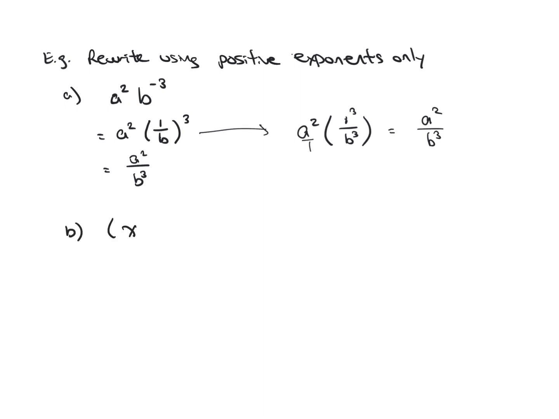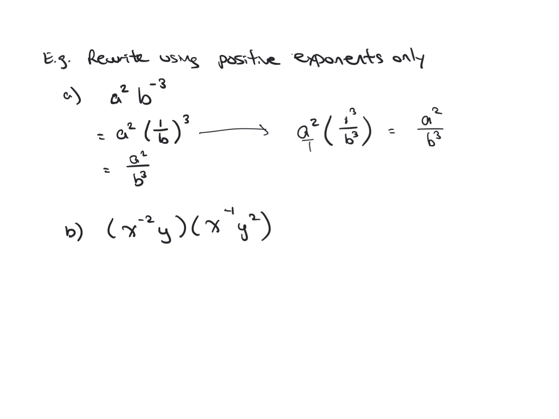Let's try x to the -2, y times x to the -1, y squared. Okay, we'll try that, rewrite it with positive exponents only. So there's lots of approaches we can take here. The first approach I will take is to apply previous exponent laws.